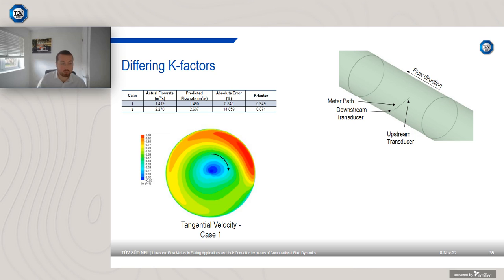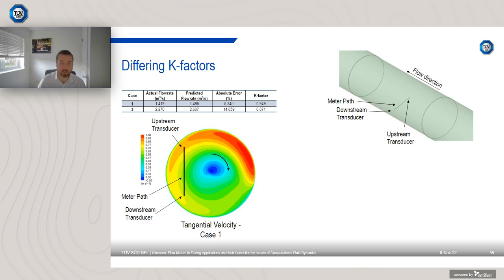We can also plot a simple 2D version. Obviously the meter path is essentially 3D, but we can plot a 2D version of the meter path onto the contour plot. And we can see that the upstream sensor's there and the downstream sensor's there.